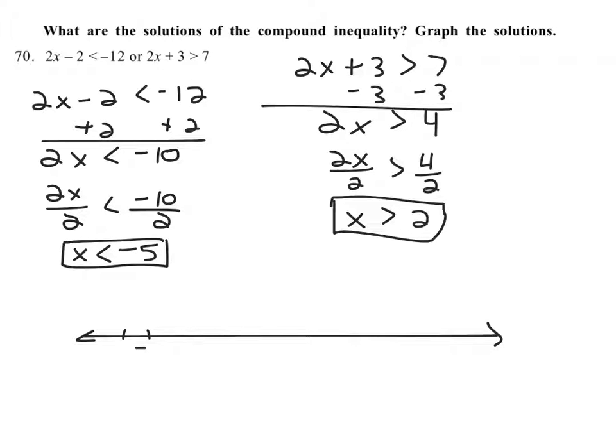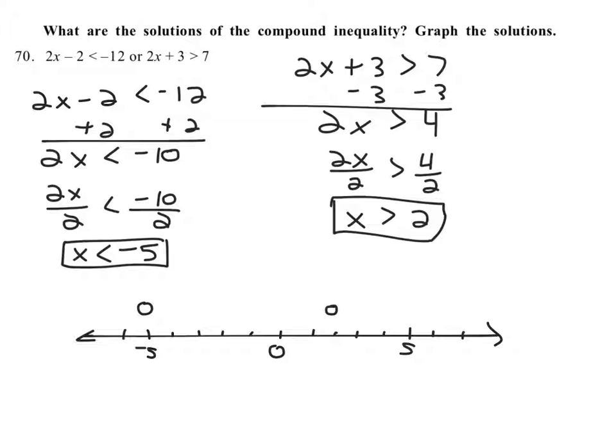And I'm only going to label every fifth one, so that's negative 5, negative 4, negative 3, negative 2, negative 1, 0, 1, 2, 3, 4, 5, 6, and 7. Okay? And we've got an endpoint at negative 5. We've got an endpoint at 2.